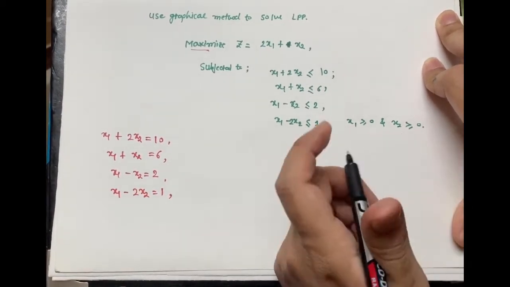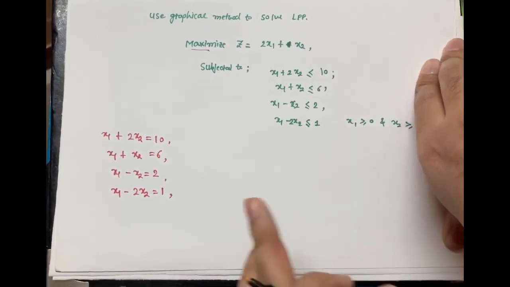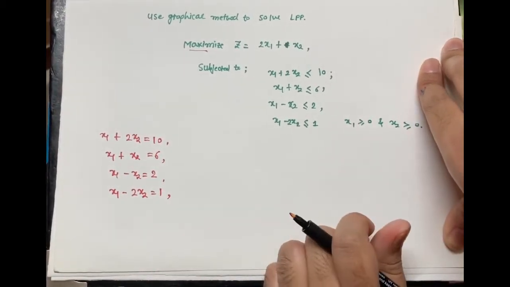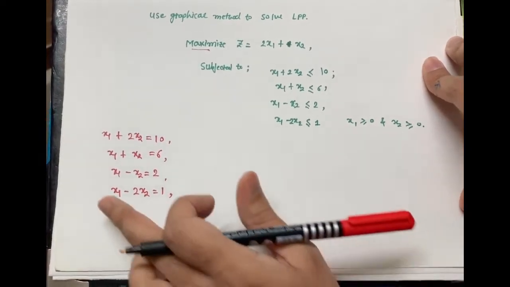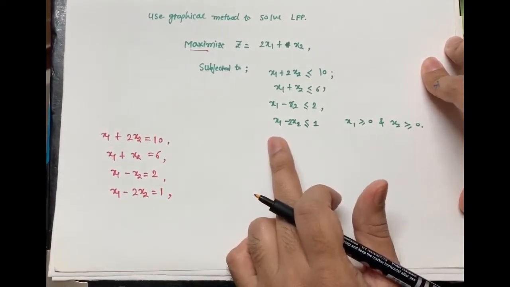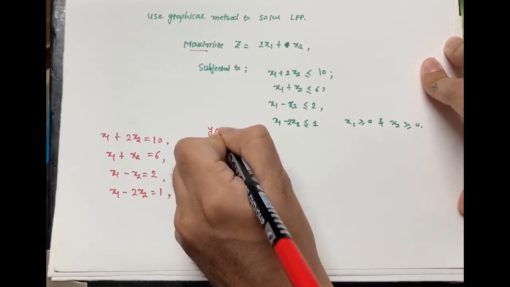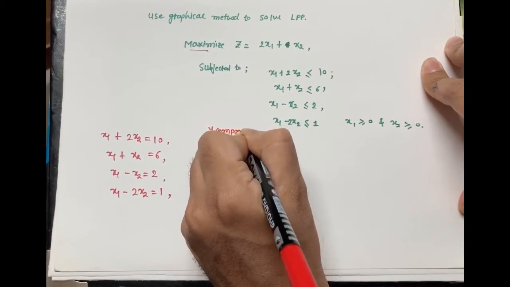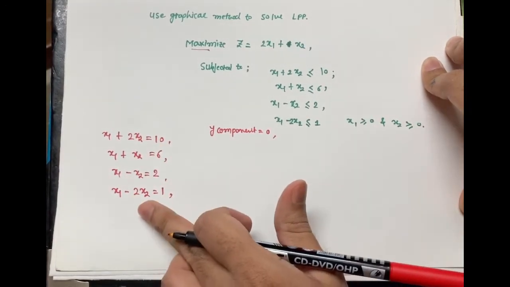First step is clear. Next, I need to compute the intersection of these lines with the x-axis and y-axis. To compute the intersection with the x-axis, I need to take the y component as 0.